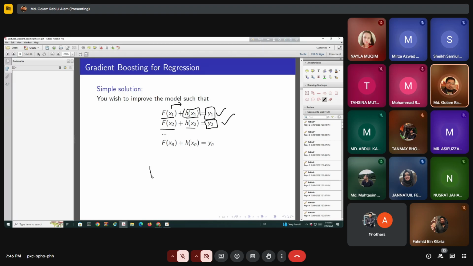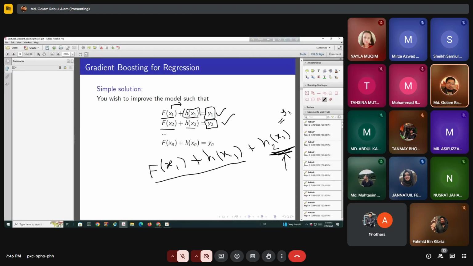Then what can we do? In that case, based on the errors of F of x1 and H of x1, we need to build another model, H2 of x1. If these two models' output is still erroneous, then we can build another model and add its result to get y1.